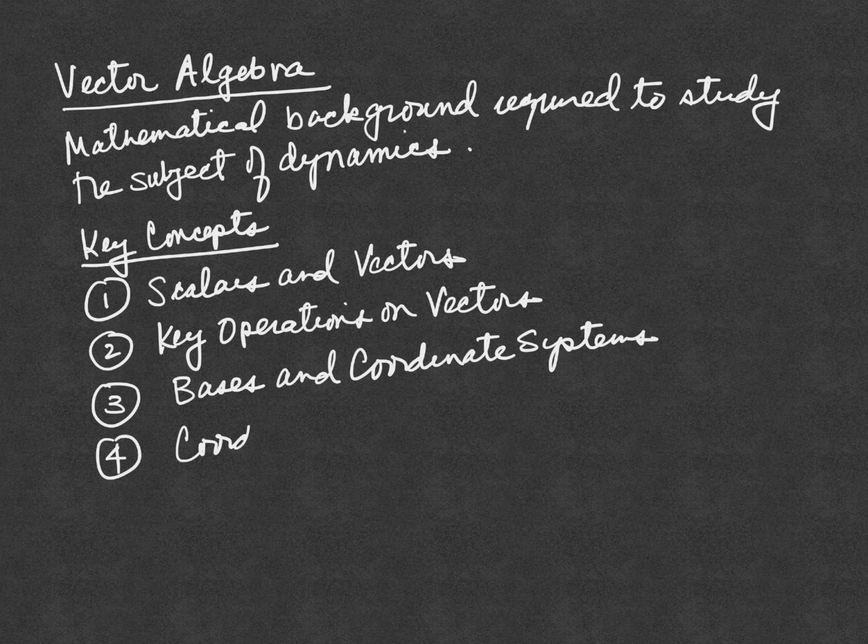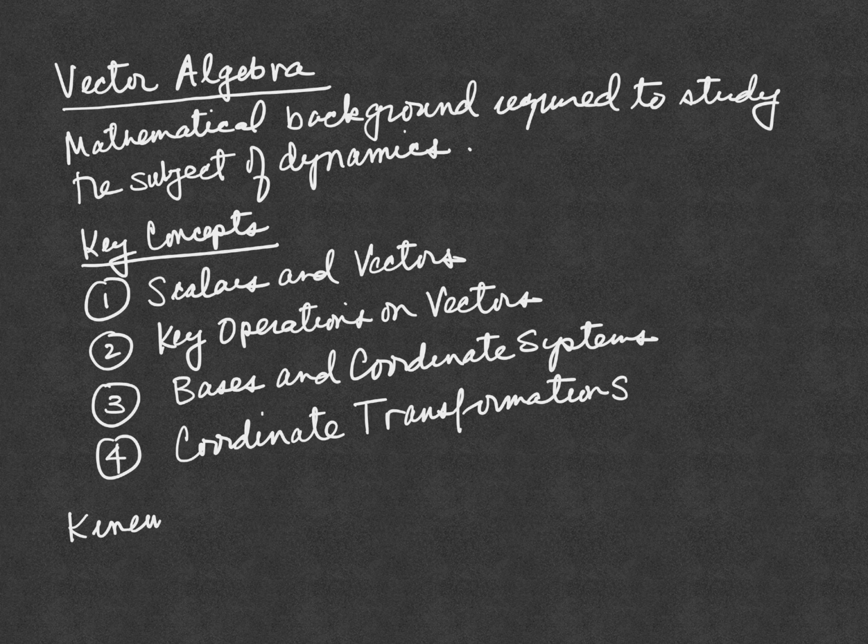Now, what's important about all of this math is that once we have put this math in place and we have all of these key constructs available to us, we can then use these key ideas mathematically to be able to describe kinematics and kinetics.